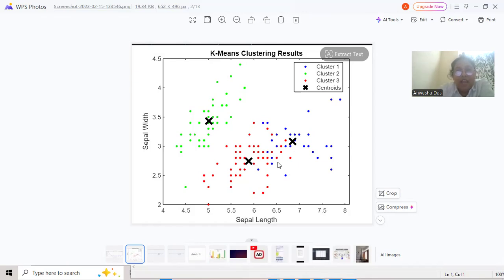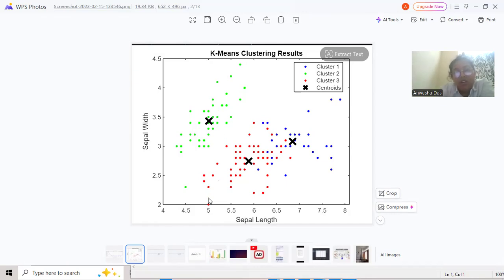The fourth step is like this. We have to calculate again the mean of sepal length and sepal width in our case. And after calculating the mean, we have to move our centroid. Previously, it was here. Then we move our centroid. After moving the centroid, again we have to go to the third step and calculate the distance.